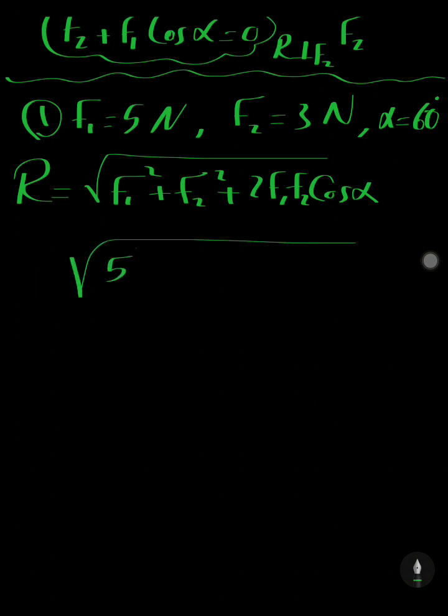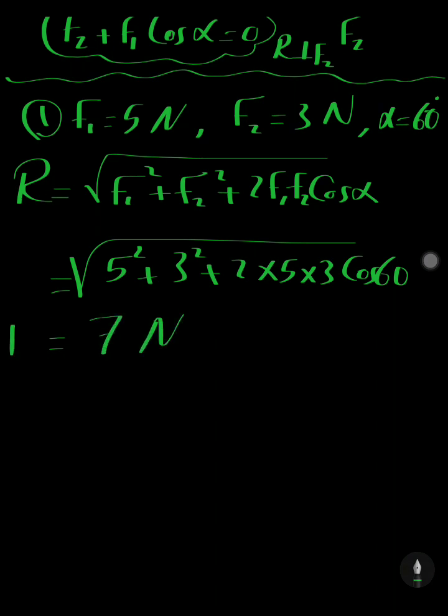F1 is 5 squared, F2 is 3 squared, plus 2 times F1 times F2 cosine 60. The result will be 7 Newton. That is the magnitude of the resultant.